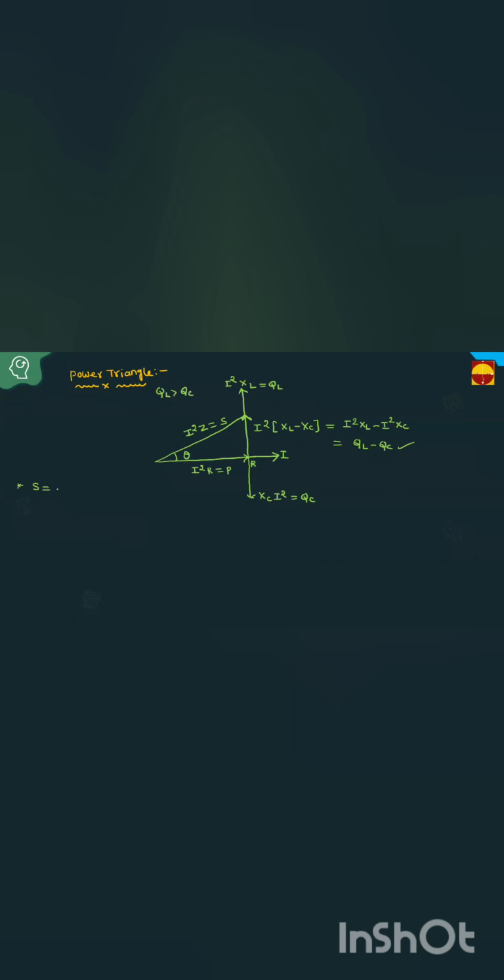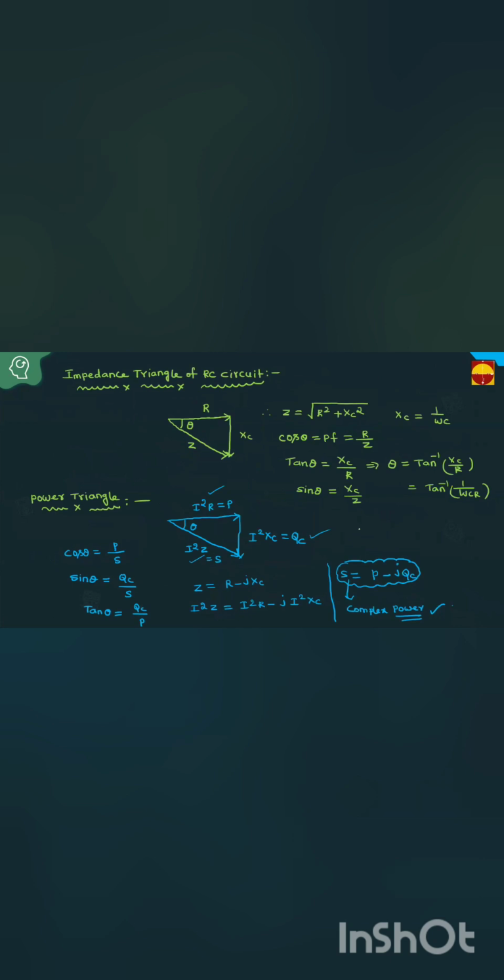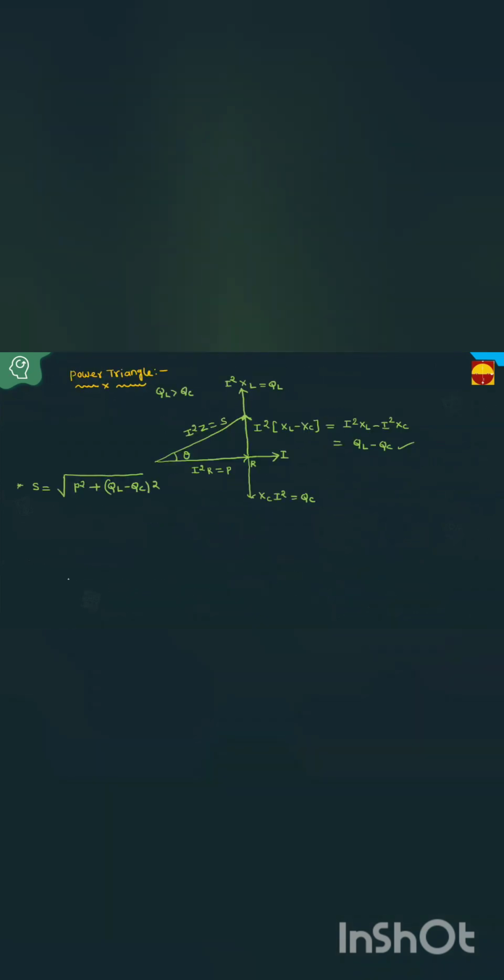S equals the square root of P square plus (QL minus QC) whole square. In the RC circuit case also you have to write this. What is S equal to? Square root of P square plus Q square. Here also the same: S equals the square root of P square plus (QL minus QC) whole square.